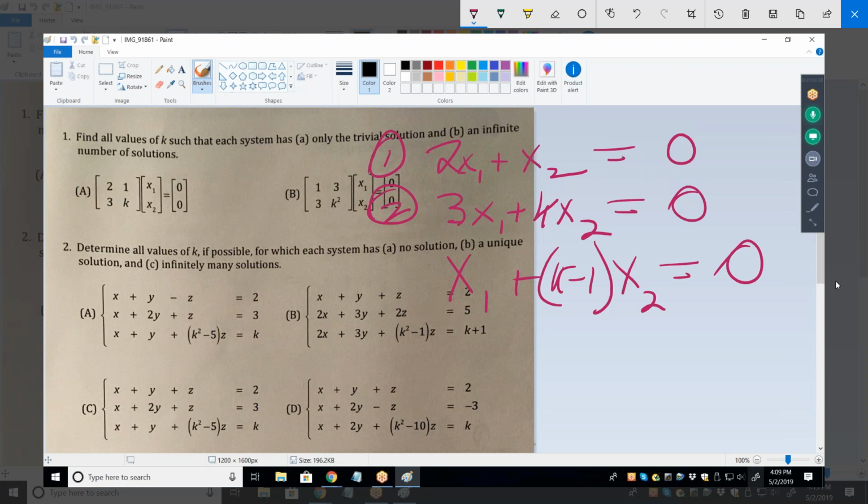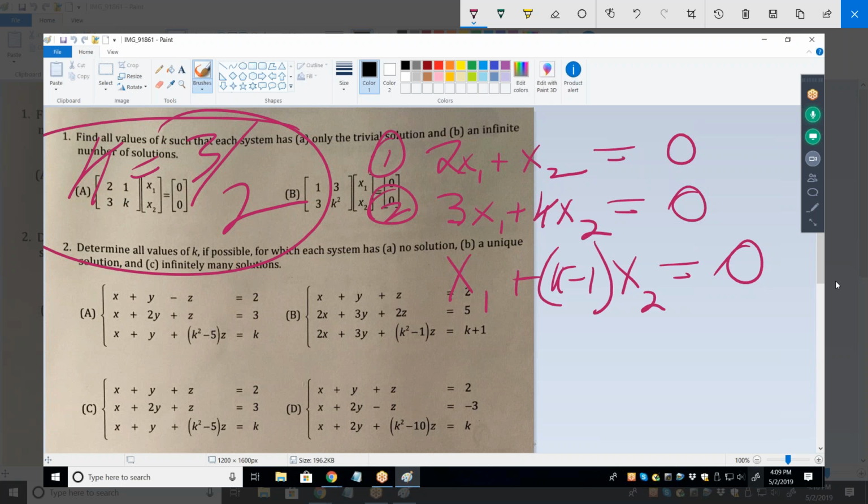I know that k cannot be 3/2, because 3/2 represented the infinite number of solutions. But notice if... wow, just realized I don't know how to solve this.